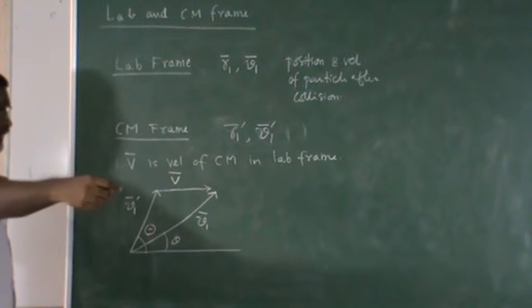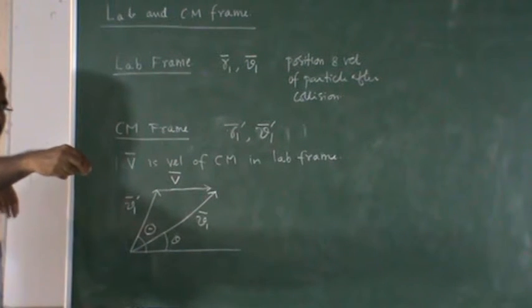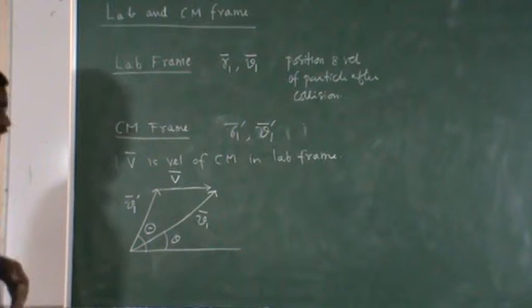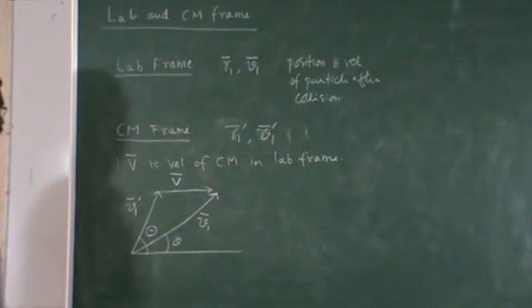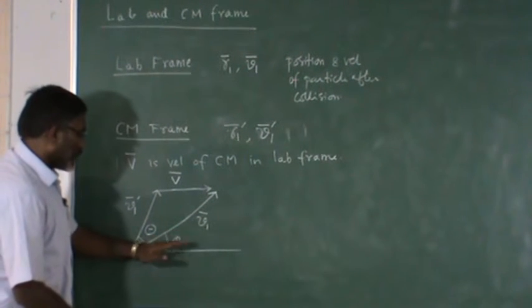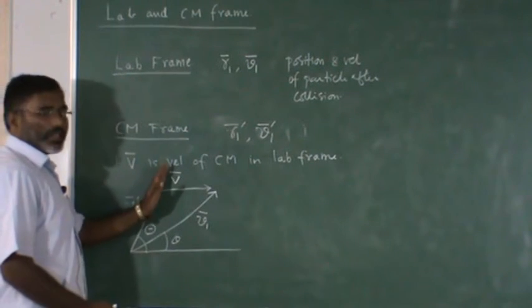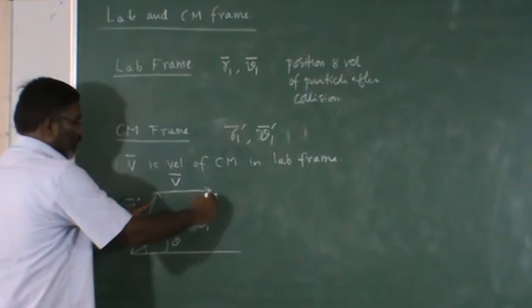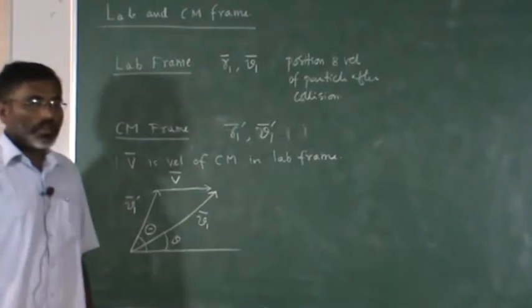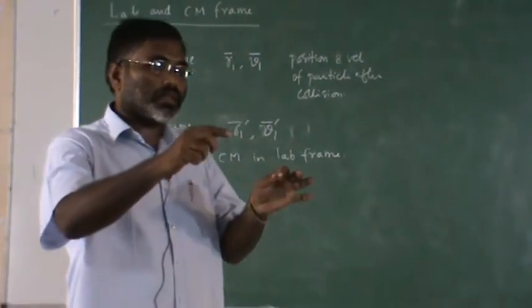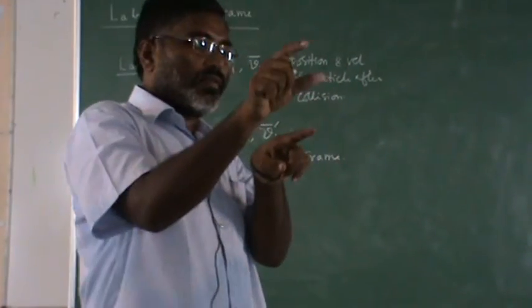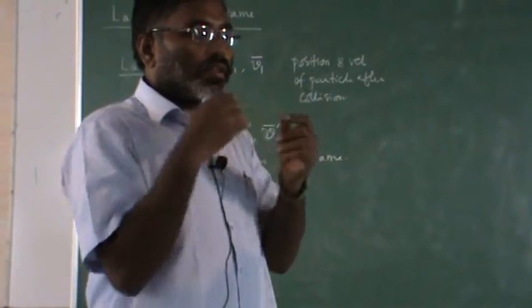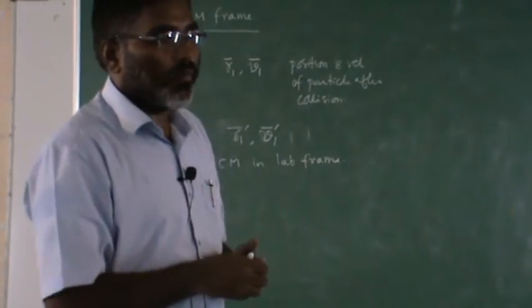That means when the particle is a long distance away, that is the initial relative velocity line. So in the laboratory, I will find it like this. In the center of mass, I will find it like this. This V1 prime plus V gives you this one. That is, the center of mass moves with some velocity, and with respect to the center of mass, the particle moves with some velocity. When you add these two, you get the velocity of the particle in the lab.